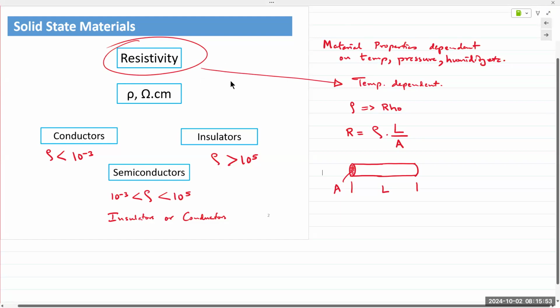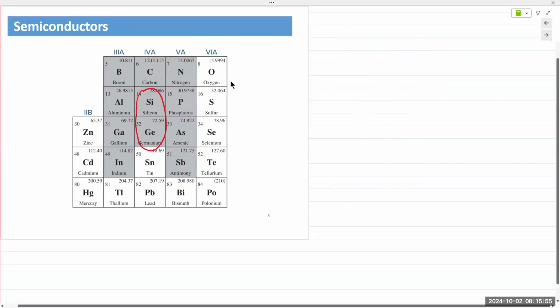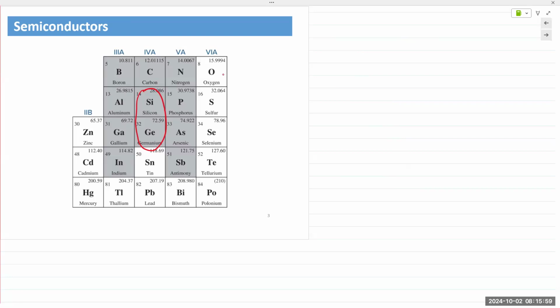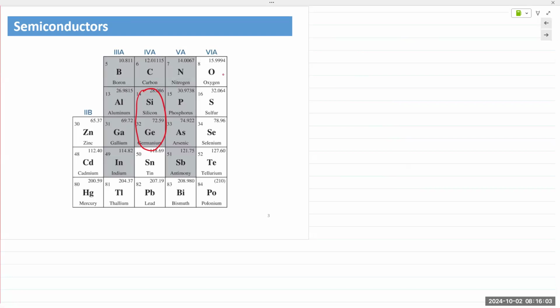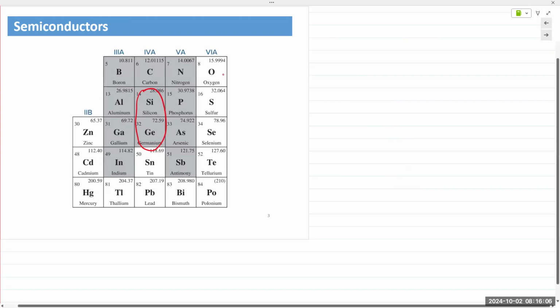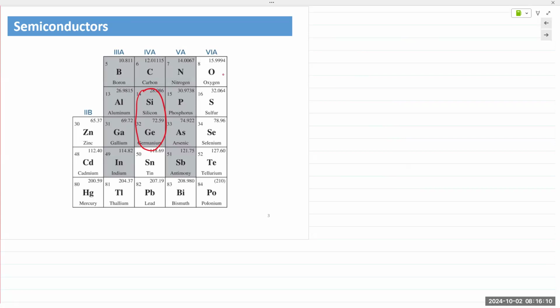All right, and then we go here where we were talking about the most common semiconductor materials: silicon and germanium, intrinsic semiconductors, meaning inherently they are semiconductors. And then we have compound semiconductors.